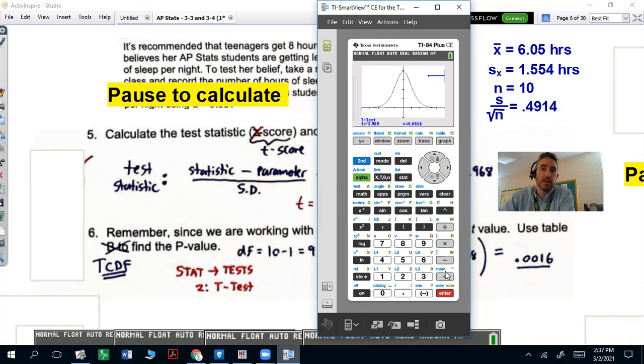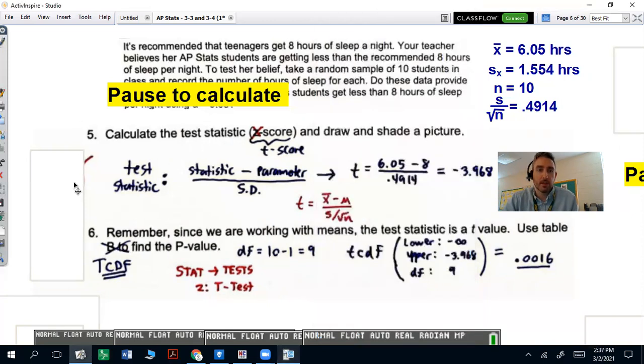It's a t-curve, but it'll graph the t-distribution with the test statistic and the p-value. Well, nothing seems to be shaded because remember, this p-value at negative 3.9, that's almost out here. And there's really nothing that would show up on a screen unless that screen was blown up super large. But that is also a very small percentage. That's less than 1% shaded. So you're not really going to see that, but it is going to be shaded ever so slightly here to the left.